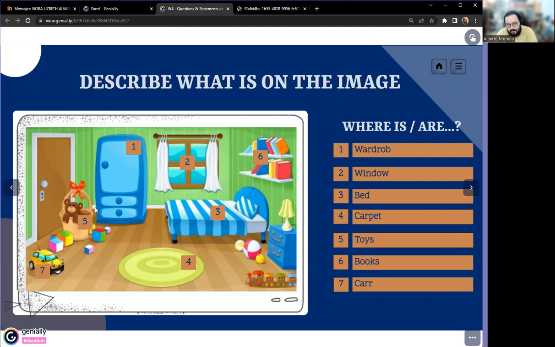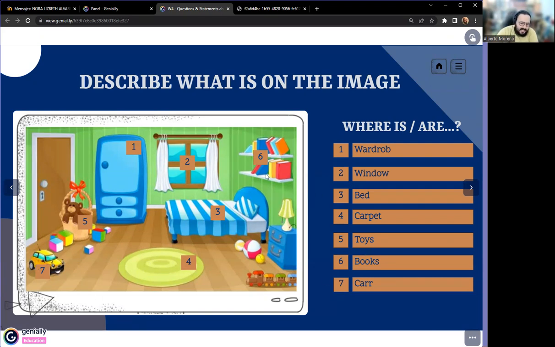In front of the bed. También están a un lado del carrito o en medio del carrito y el guardarropas. The toys are between the car and the wardrobe. O pudiéramos decir, the toys are next to the car.